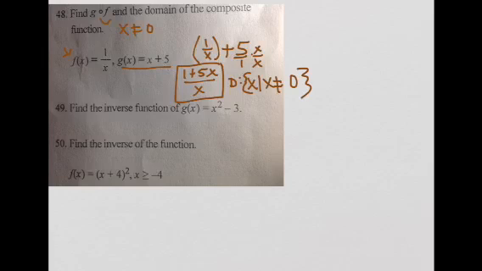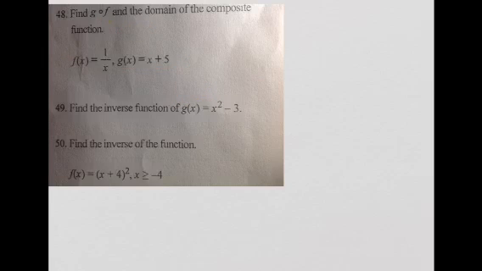Okay, for number 49, they're asking you to find the inverse. Okay, so let me erase that and start off here on the side, 49. There are 4 steps, they're in your notes. Find the inverse of the function. First off, we're going to change g of x to y.